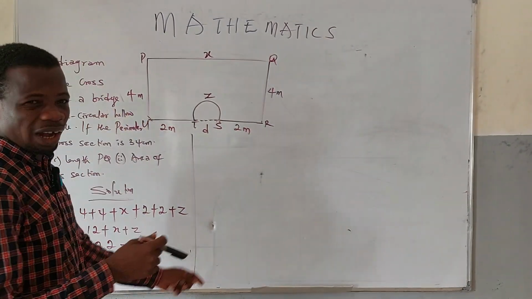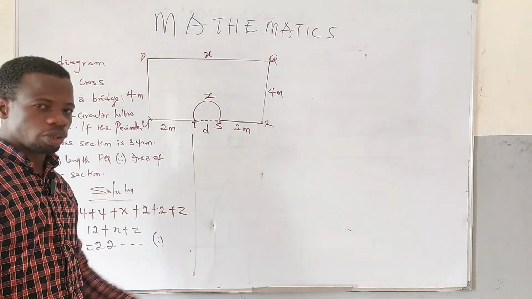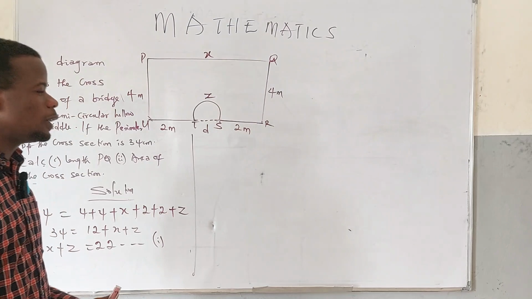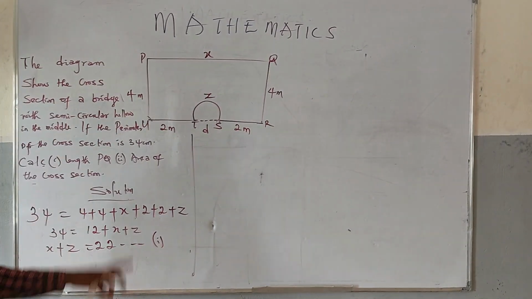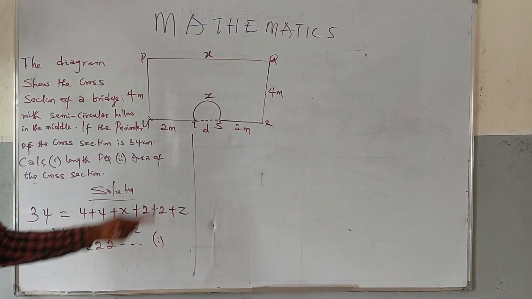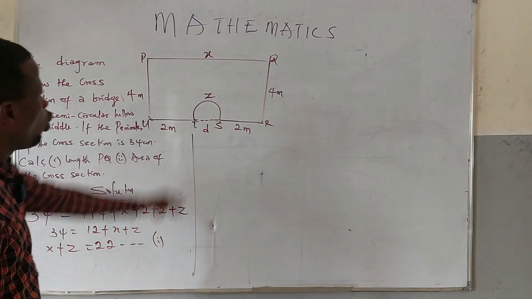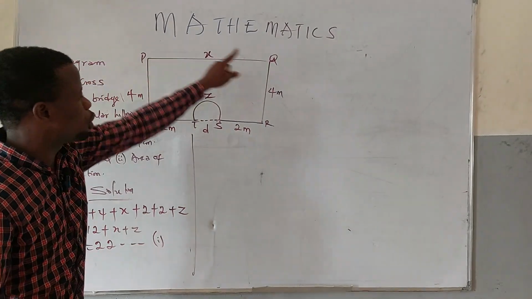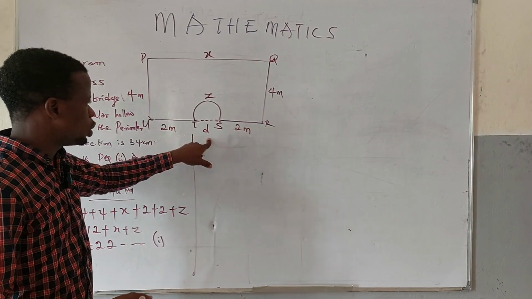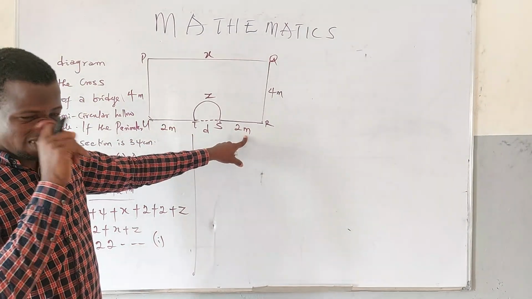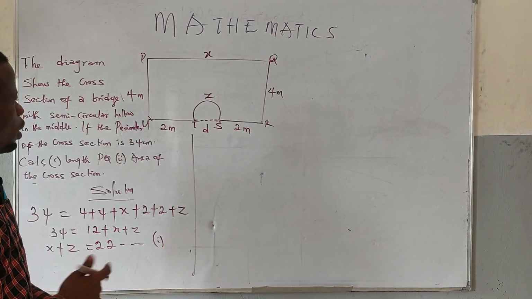What else can we observe? We want to see how we can interpret everything here into certain equations. When we solve them simultaneously, we have the values of the unknowns. Then we can calculate the length of PQ and also the area of the cross section. So let's see another thing we can do. We can relate this PQ to 2 plus this, right?